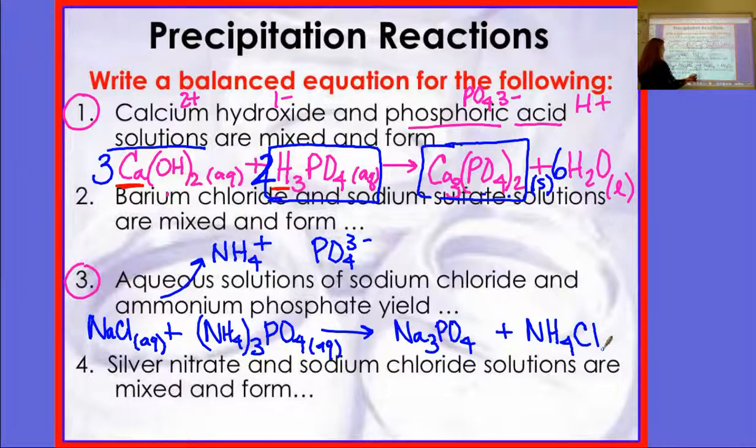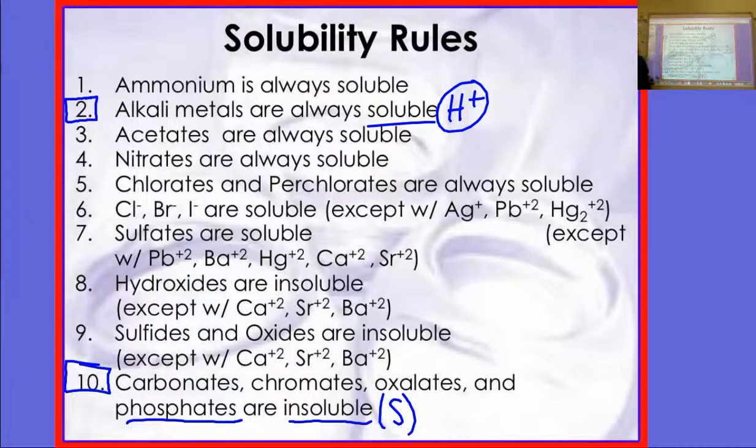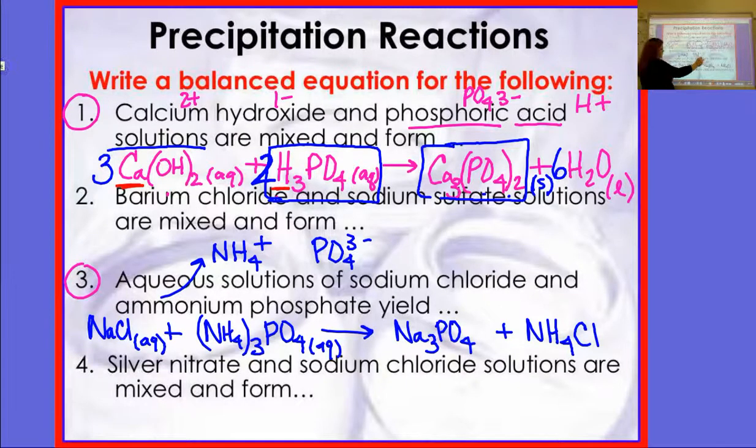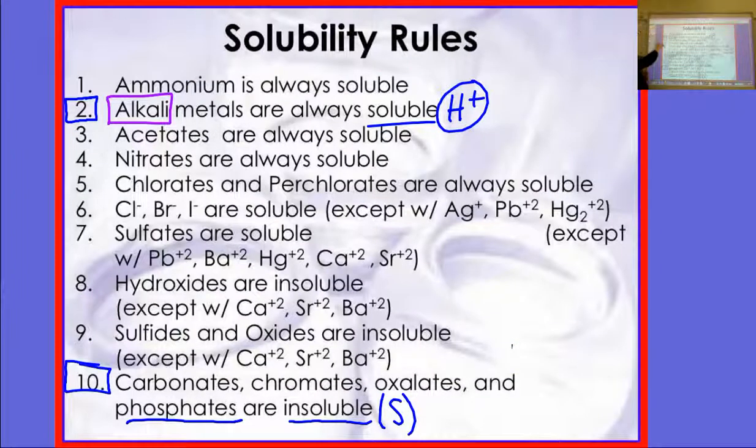Now I have to look back at my chart. Sodium and phosphate. Oops. Sodium is an alkali metal, and it says that alkali metals are always soluble. So this is AQ. It will dissolve. And ammonium chloride.